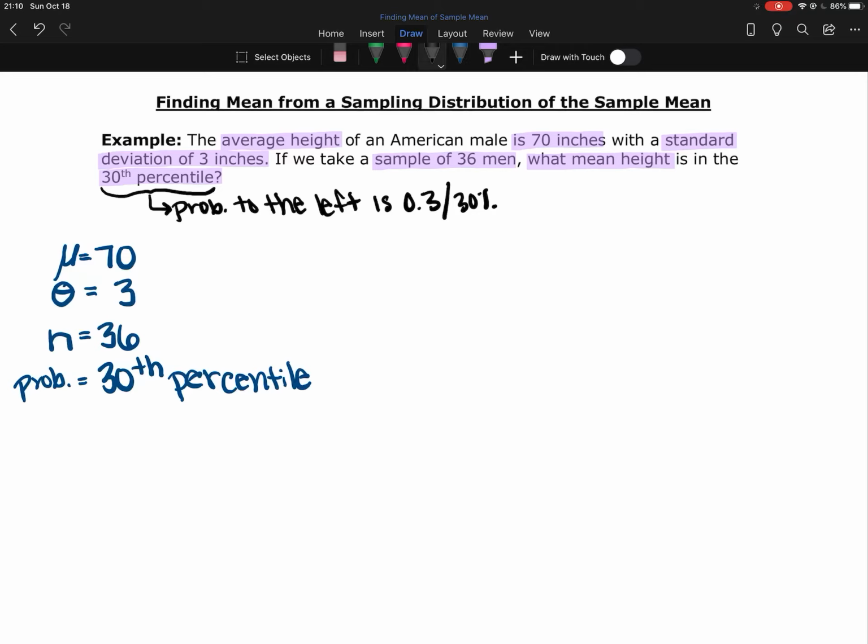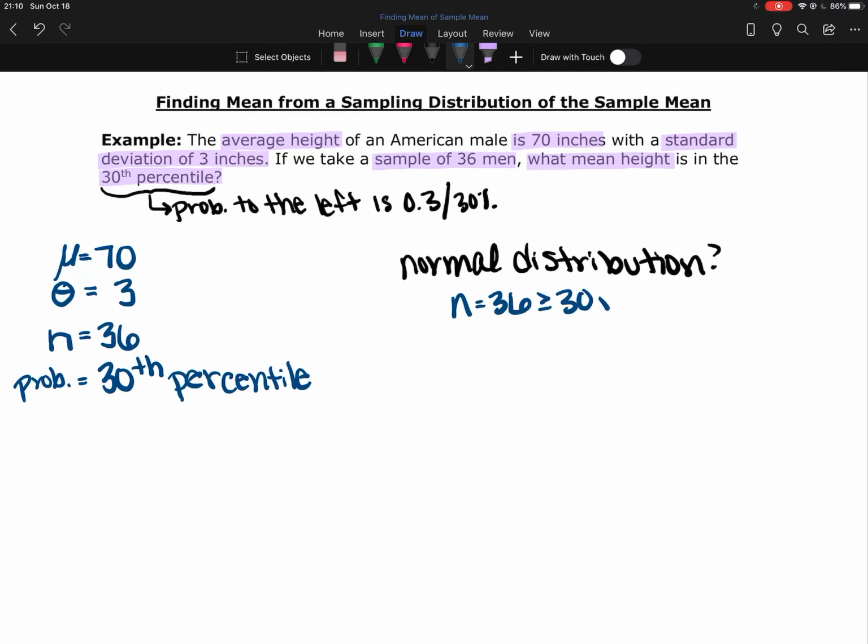So then I do still need to know if I have a normal distribution, because if I don't, I cannot solve this problem with the methods that we have learned. So I need to either identify somewhere in the problem that says it's normally distributed, or I need to check and make sure that my sample size is larger than or equal to 30, and it is.